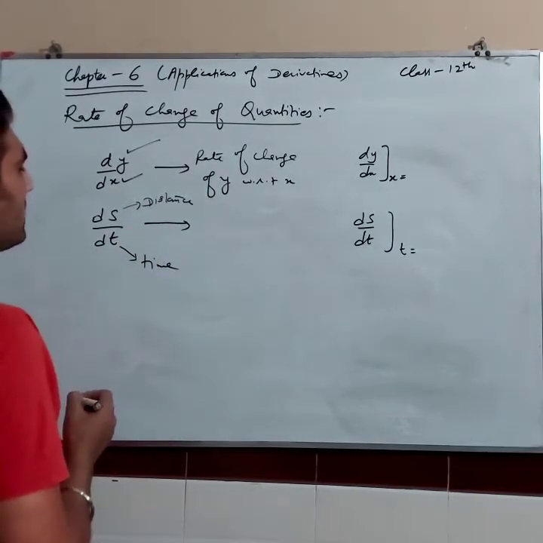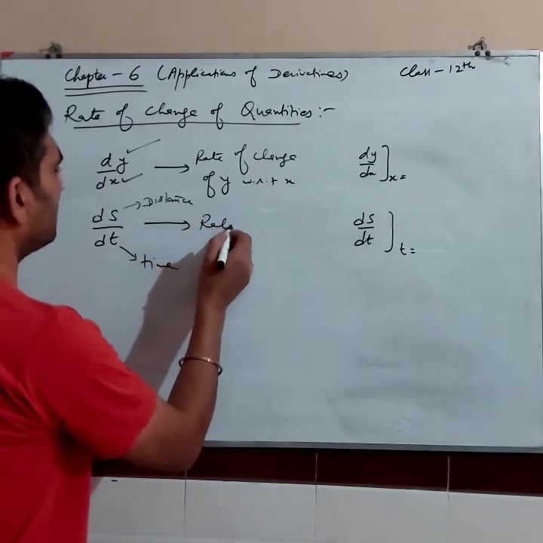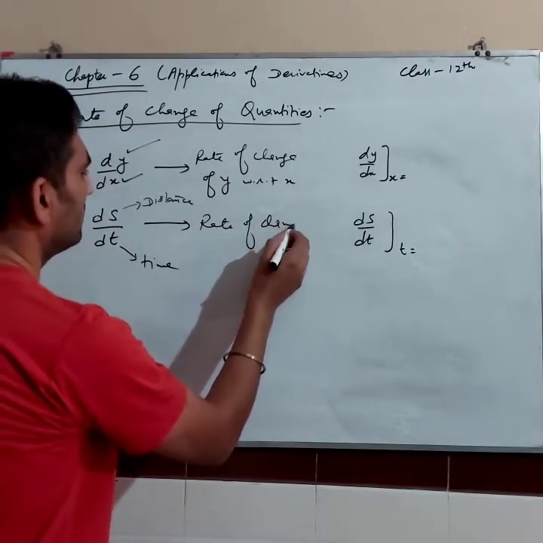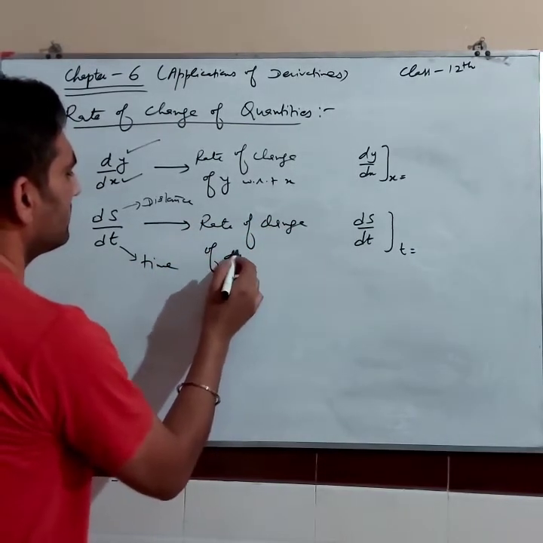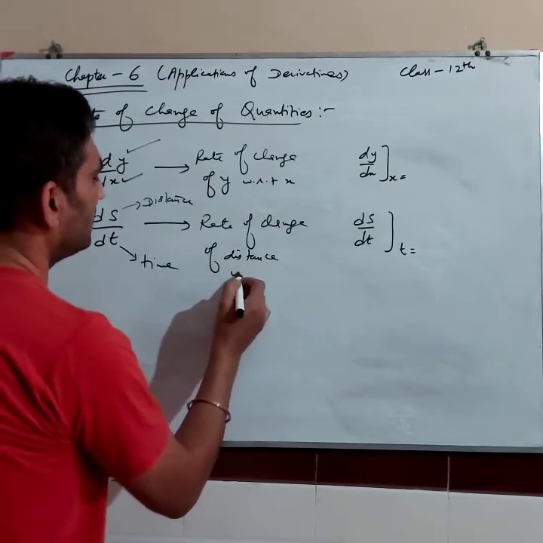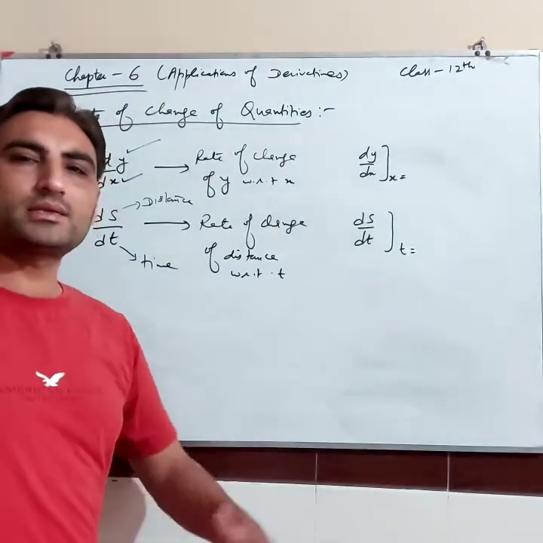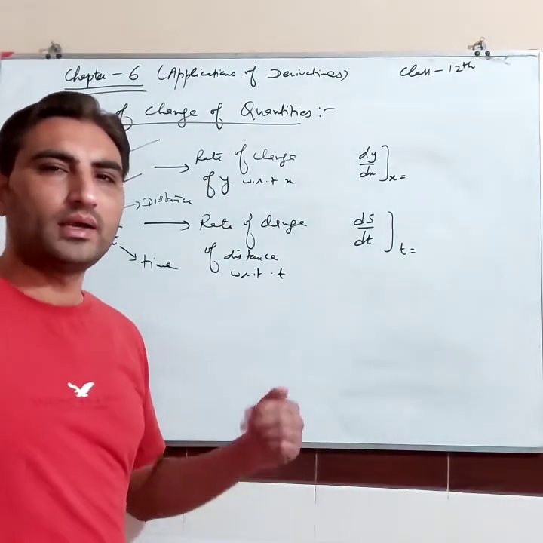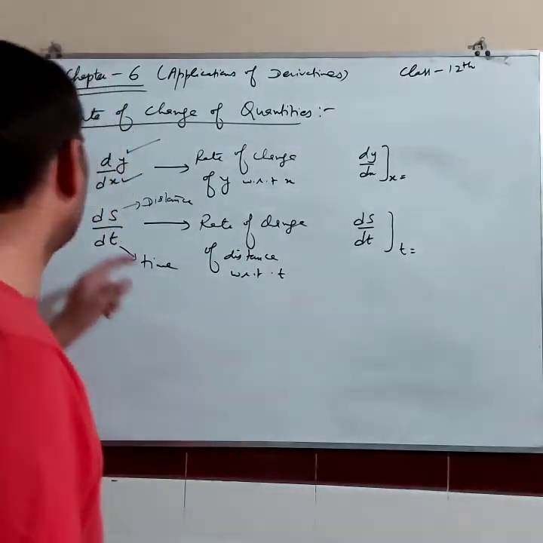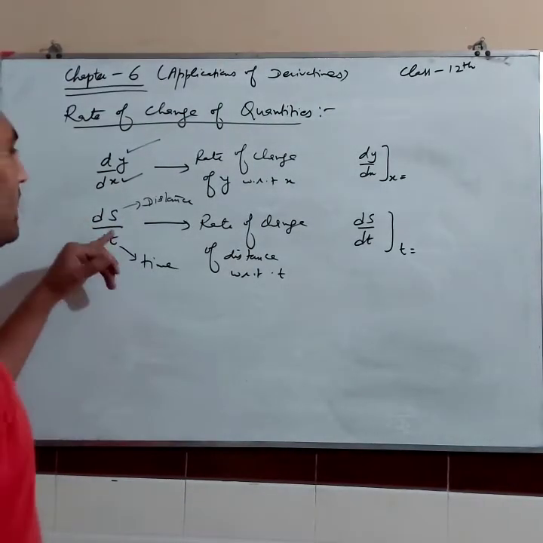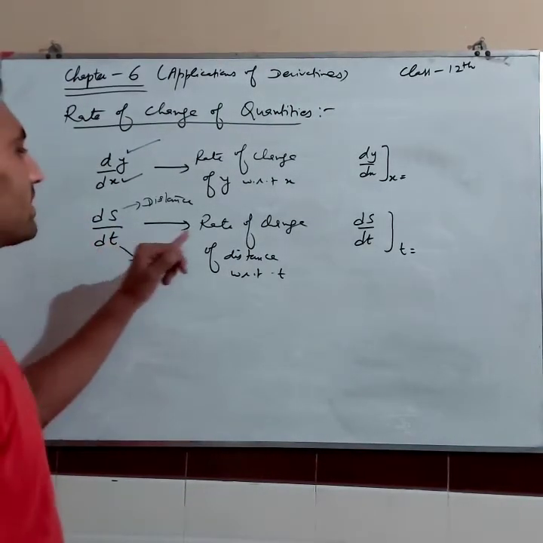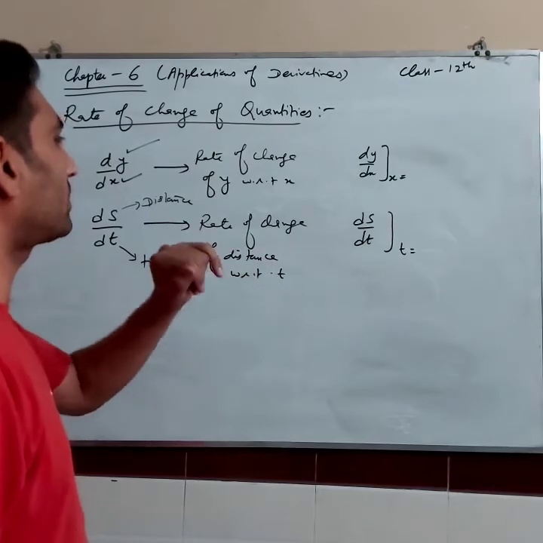So here we can say rate of change of distance with respect to time. You know, as time changes, we directly see the effect on distance covered. So ds over dt means rate of change of distance with respect to time.